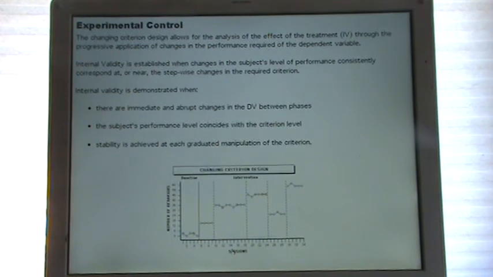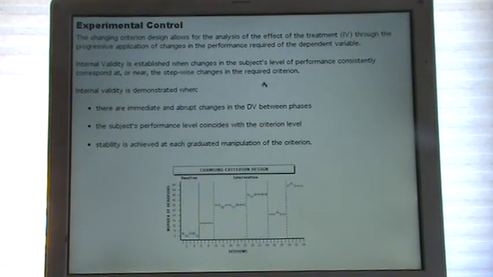So experimental control: the changing criterion design allows for the analysis of the effect of the treatment, the independent variable, through the progressive application of changes in the performance required on the dependent variable. Internal validity is established when changes in the subject's level of performance, the different levels in the phases, consistently correspond at or near the stepwise changes in the required criterion.